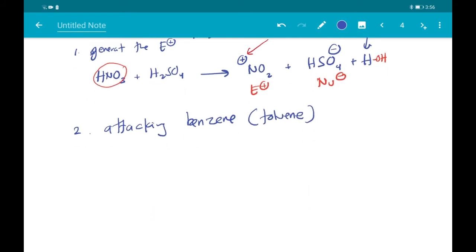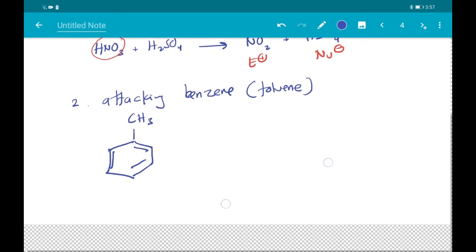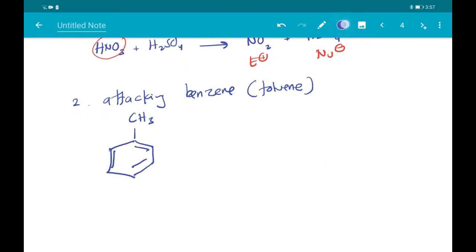So we just draw the structure of the toluene. And then to show the mechanism, it's better for us to draw the conjugated Kekulé structure of the benzene with the conjugated double bonds. So our aim is to replace the hydrogen from carbon number 4.